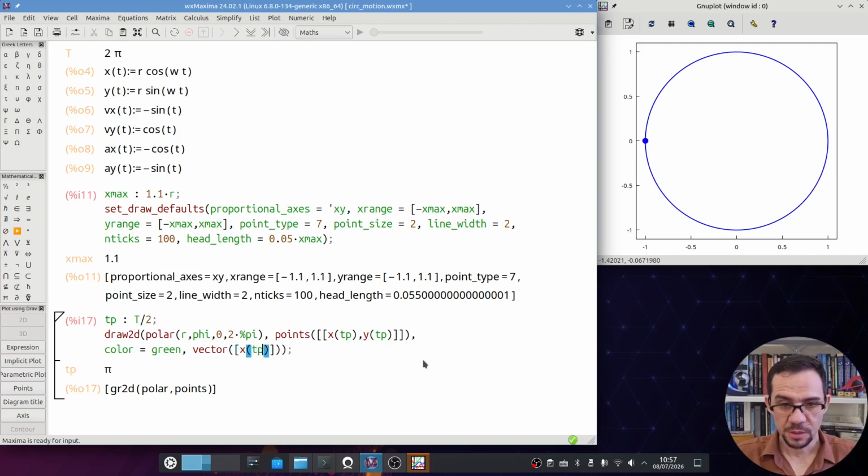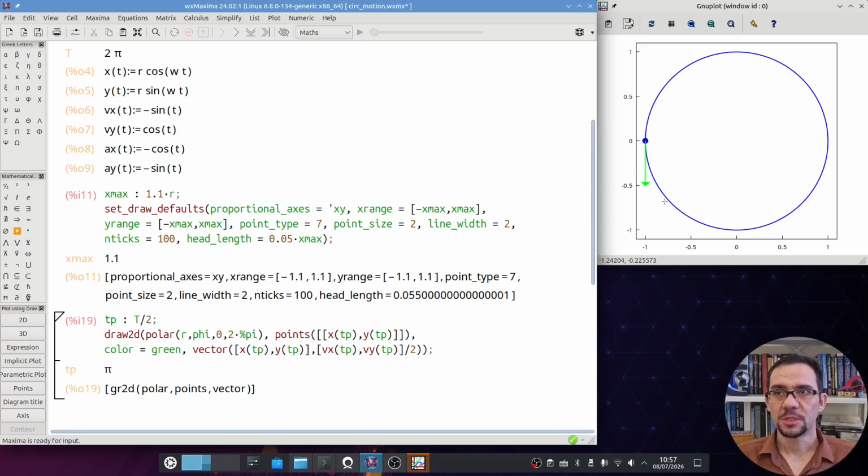So this vector is going to start in the position where the particle is, and its components are these. And I'm going to divide this vector by 2 so that it does not appear too long there. So here is the representation of the velocity vector.